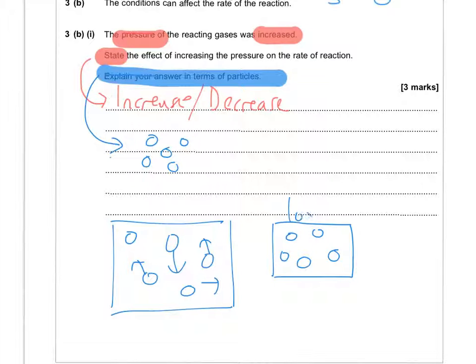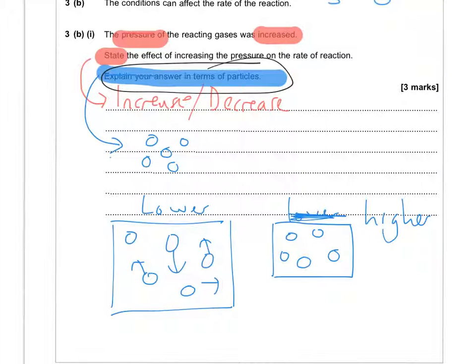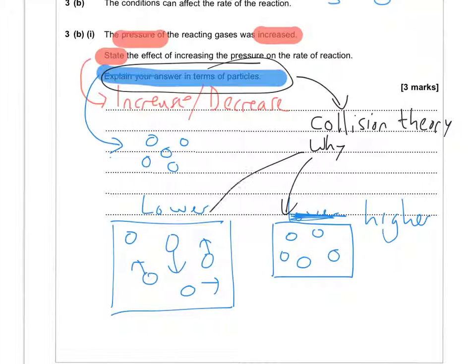Is it going to be lower pressure or higher pressure? Now, when we're explaining answers in terms of particles, we have got to talk about collision theory. It's this idea that particles only react when they successfully collide. So we'd be making a comment on collision theory, and would also be saying why. And for this, I'd be comparing the space and the likelihood of collision occurring.